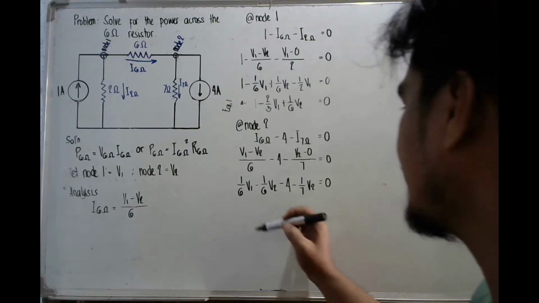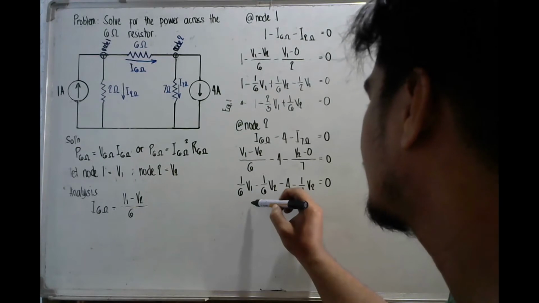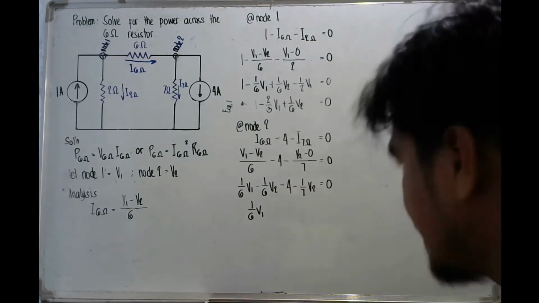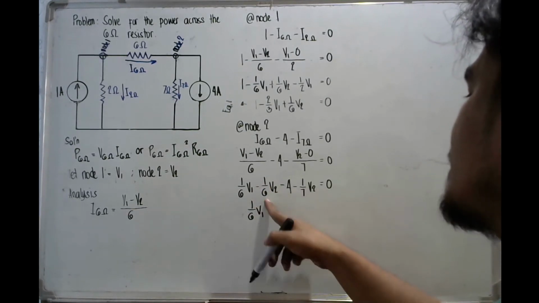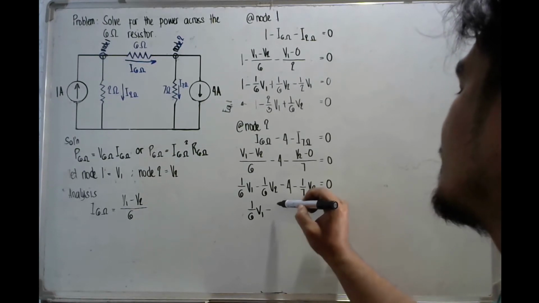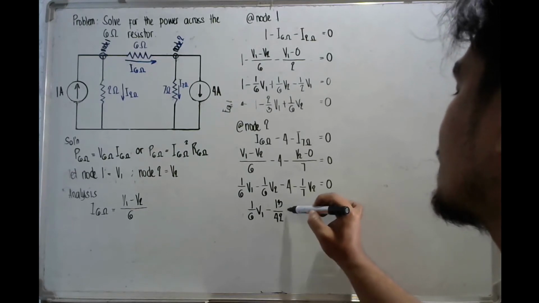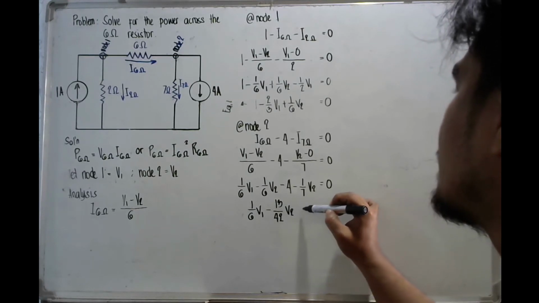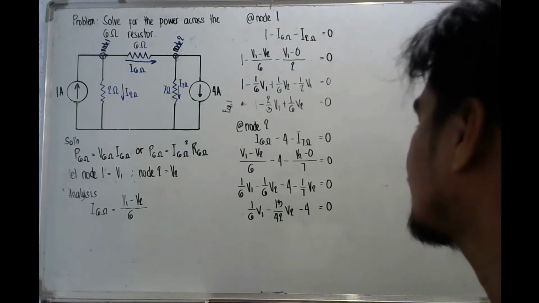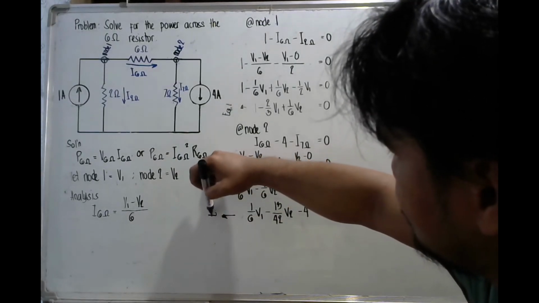So combine like terms: 1/6 V1, then you have negative 1/6 minus 1/7, so it's negative 13 over 42 V2, minus 4 is equal to 0. And this would be your equation 2.